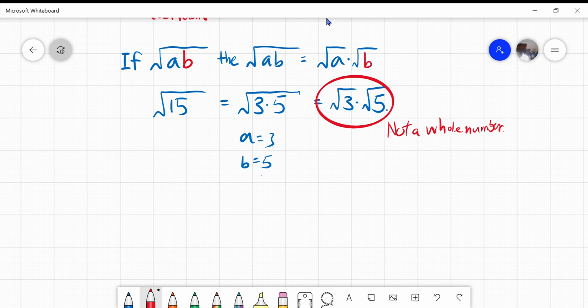So in fact, we want to use this rule to simplify radicals. Now, what do I mean by that? What do I mean by simplify?